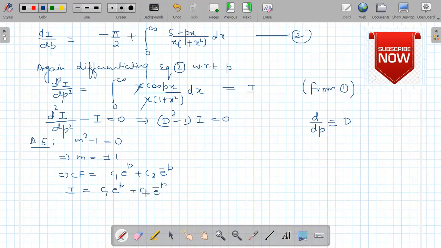Now we have to obtain the values of c1 and c2. We take two cases here. Case number 1: we put p is equal to 0 in this equation. We don't know the value of I at p is equal to 0, so we simply write this as this, and here we write c1 plus c2. Case number 2: we differentiate equation number 3.